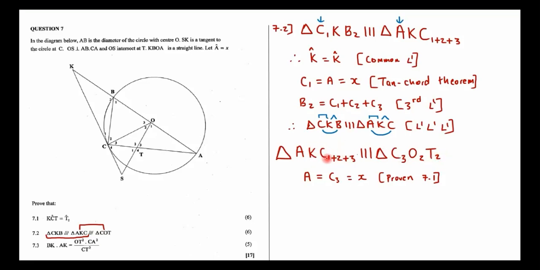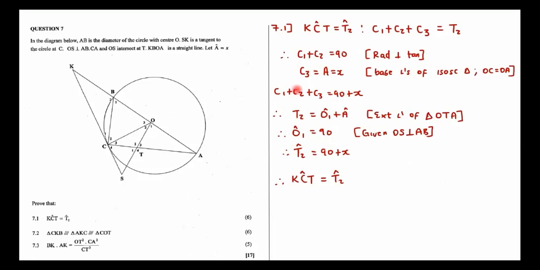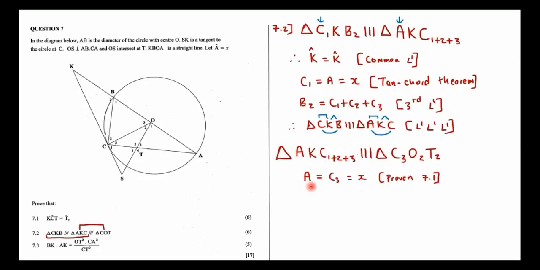And by luck, remember C1 plus C2 plus C3, we said it was KCT, and then we said it was equal to T2. I can take it as KCT, that is fine, or just not to confuse you, let's keep it as C1 plus C2 plus C3, because that's what we got in there. So C1 plus C2 plus C3 is equal to T2.